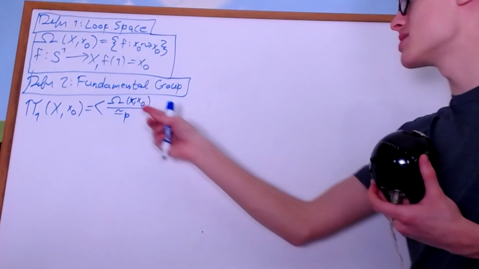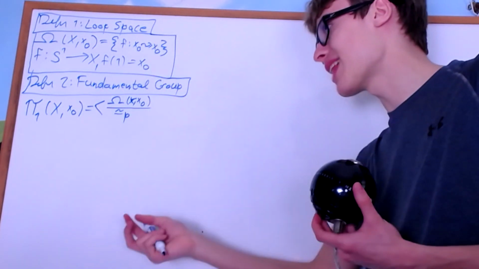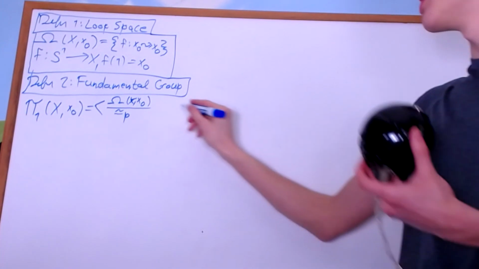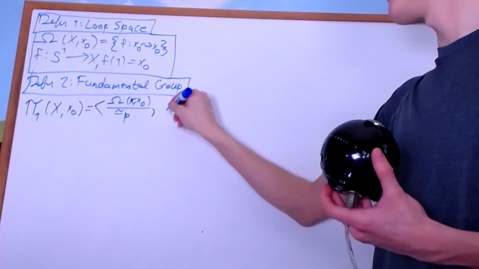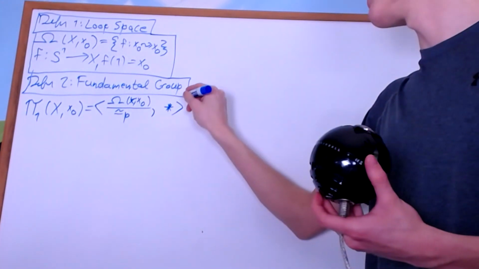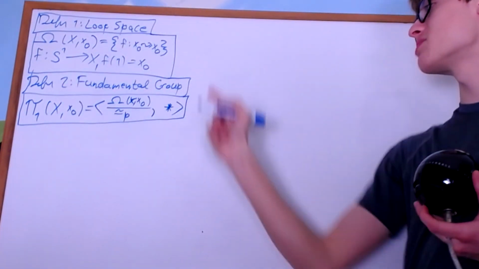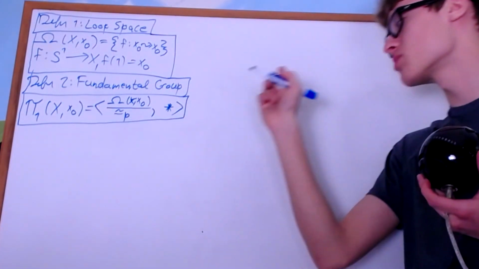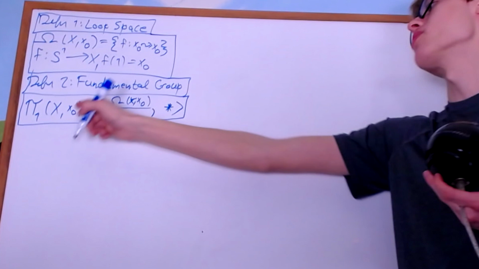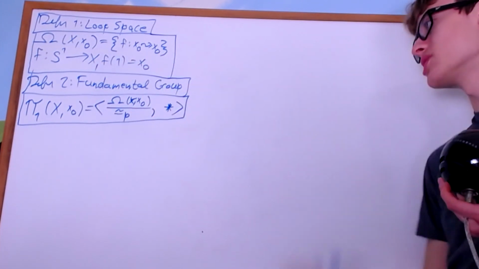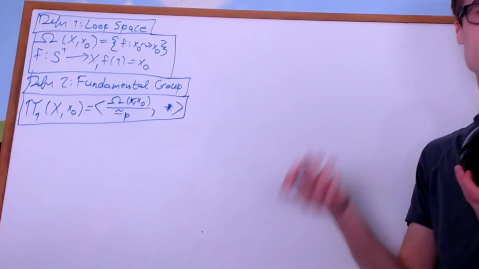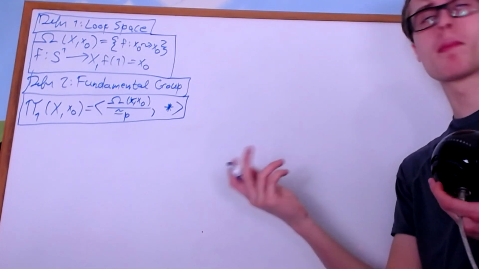Basically meaning this is the set of homotopy classes of loops. And then we can have the concatenation operation right there. The fundamental group is the space of homotopy equivalence classes of loops at a point under the concatenation operation. And by last video, we know that this satisfies the group properties.